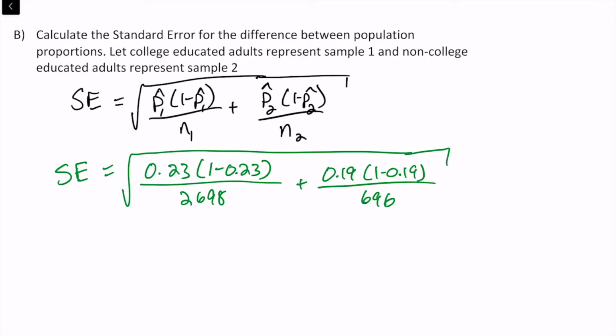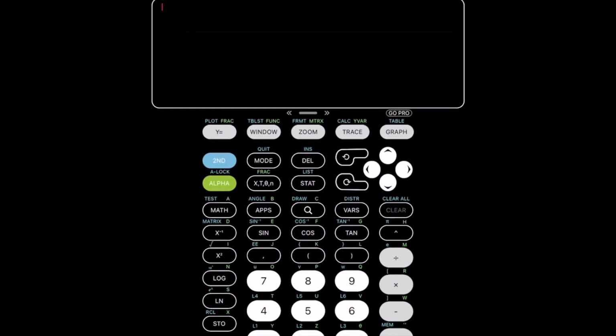All right, let's go to our calculator. Clear this out. Start off with the square root. We do 0.23, open parentheses, which indicates multiplication, 1 minus 0.23, close parentheses, still staying within the square root. Divide that by 2698. The calculator will do the correct order of operations.